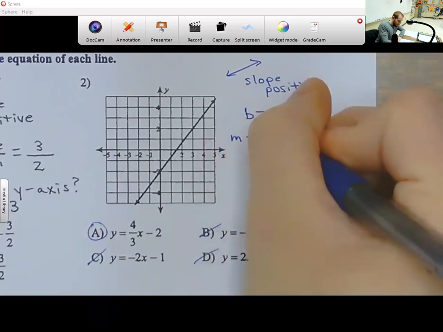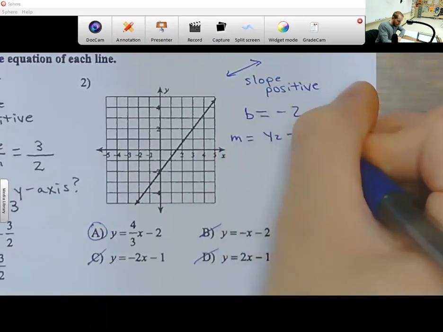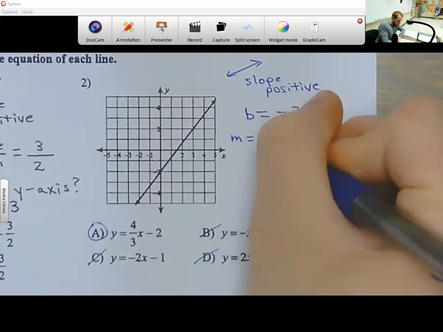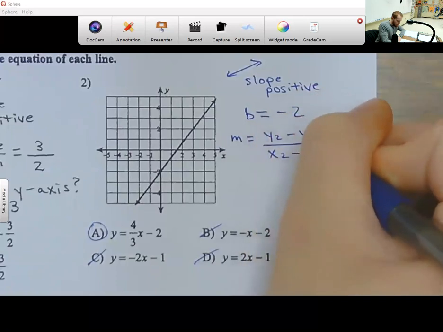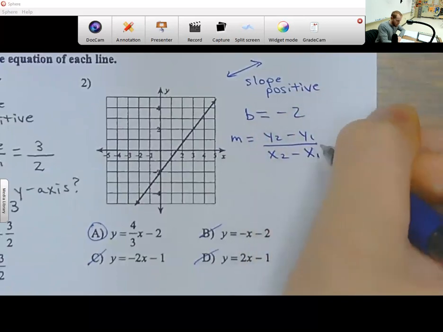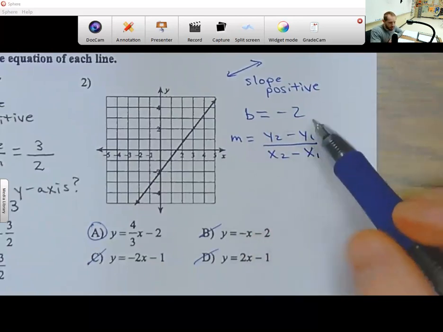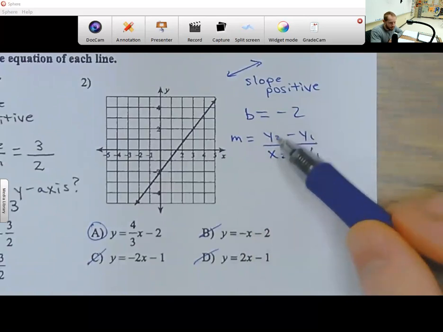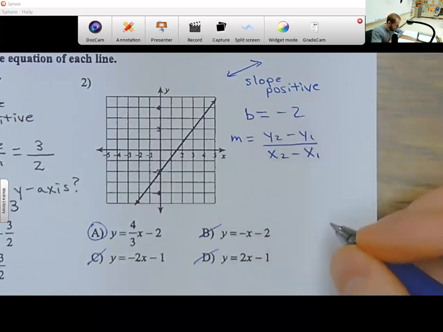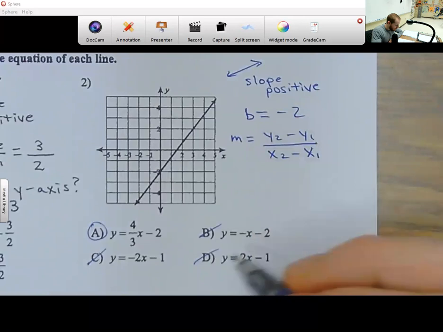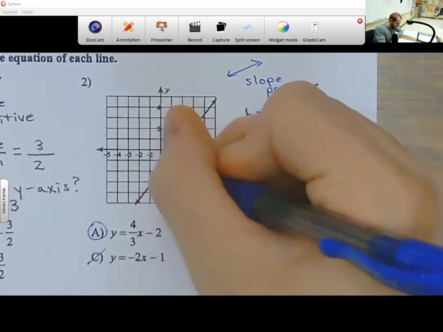So m is going to be equal to y2 minus y1 over x2 minus x1. This is another way we can find slope, right? But we got to know what our 2 points are so we can plug them into the formula. So how do we get our 2 points? Well, we can take one from the y-axis.